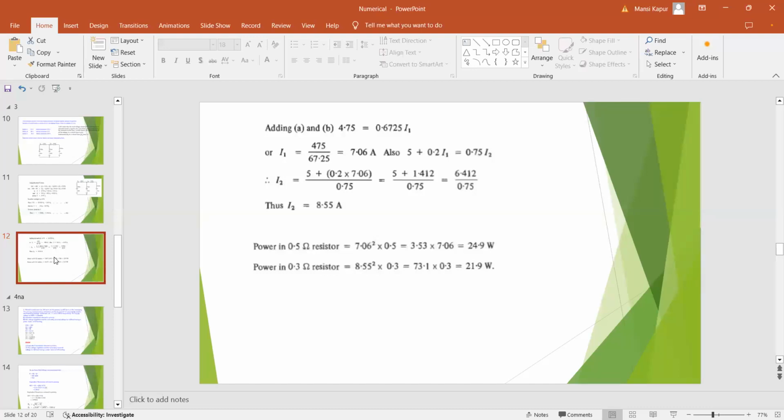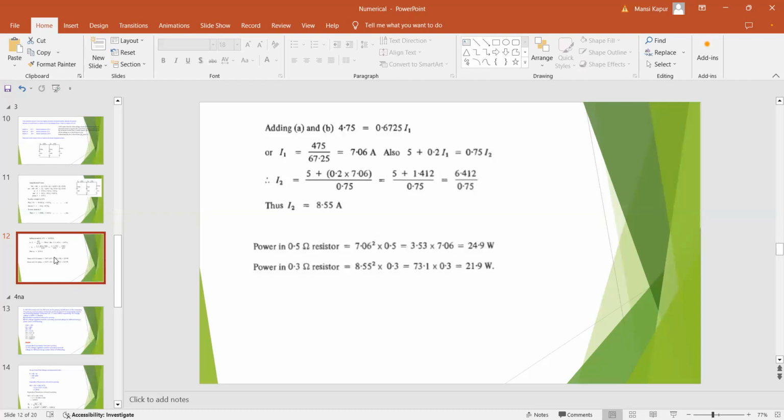So it will be total 6.56. 6.56 divided by 0.95, you will get a value of I1 equal to 6.90.